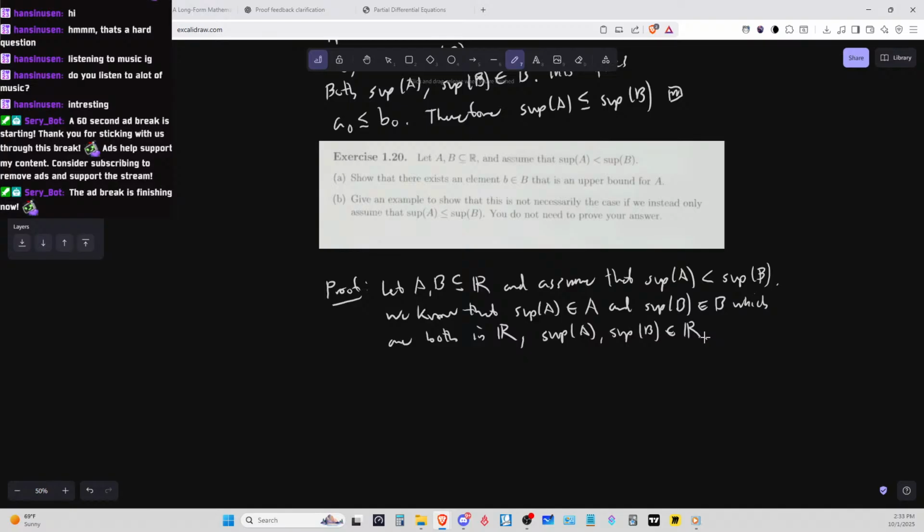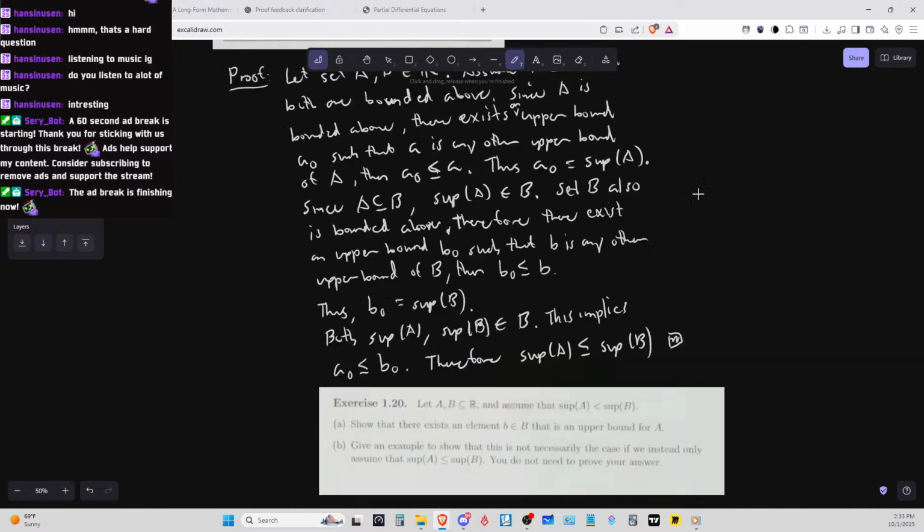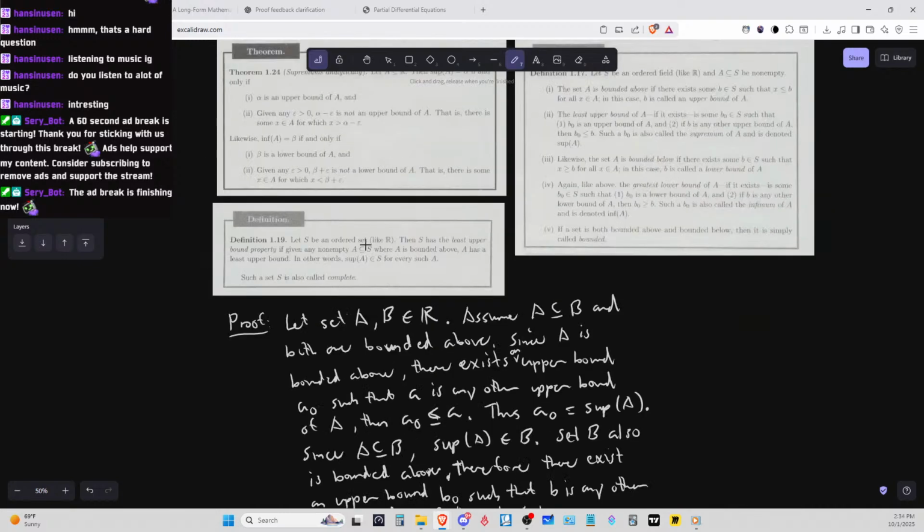So I think we might need this definition here. Let S be an ordered set. Then S has the least upper bound property if, given any non-empty set A where A is bounded above, A has a least upper bound.